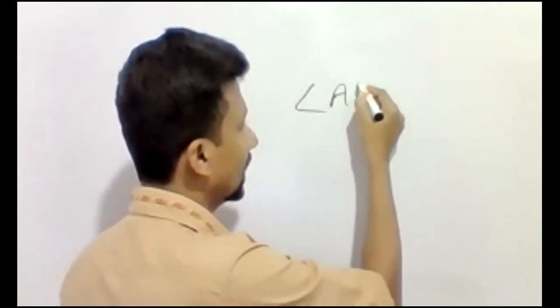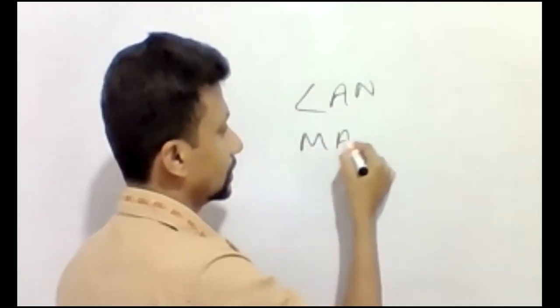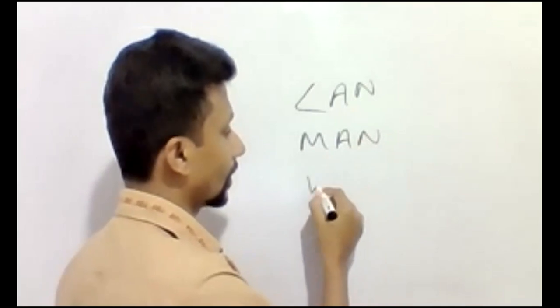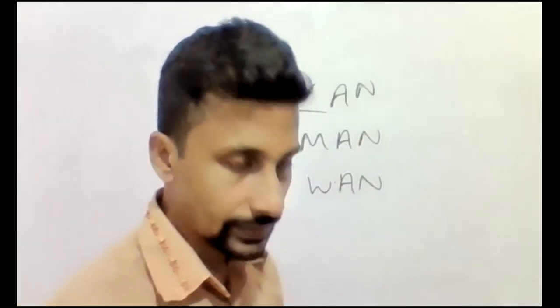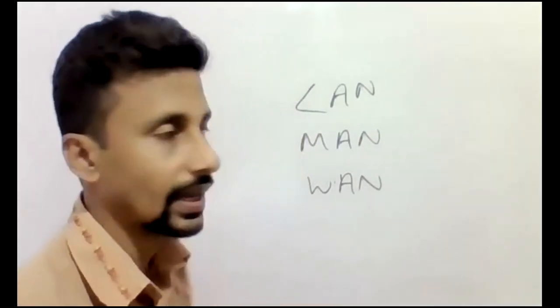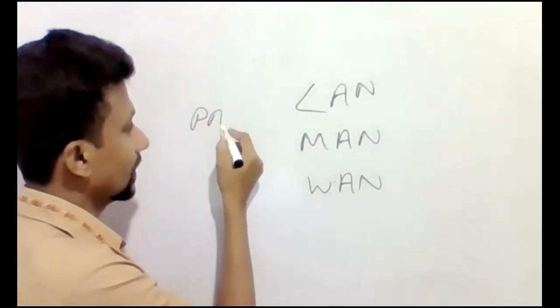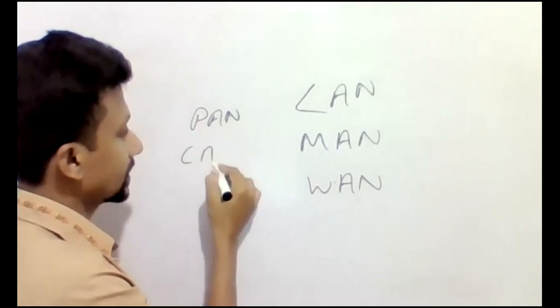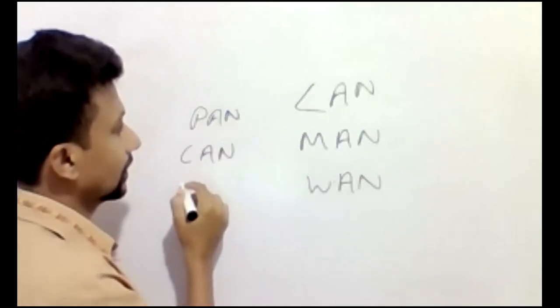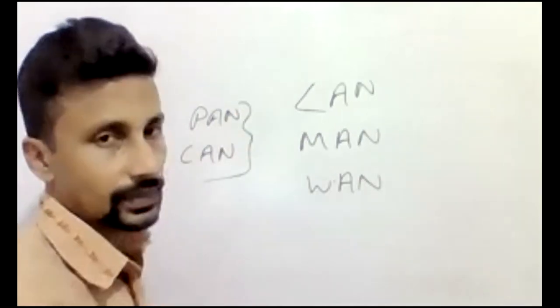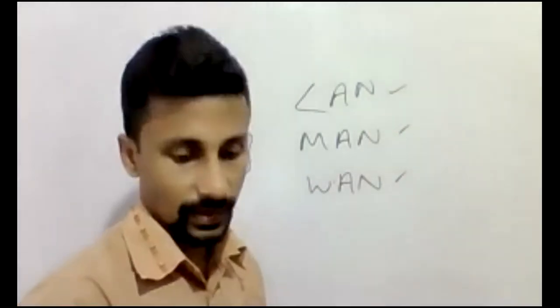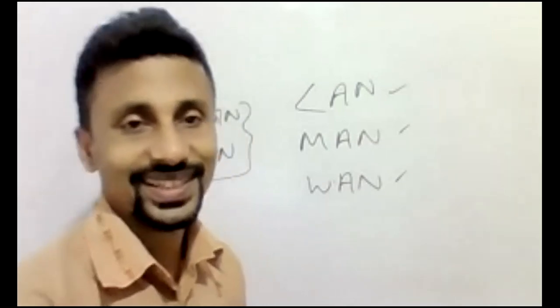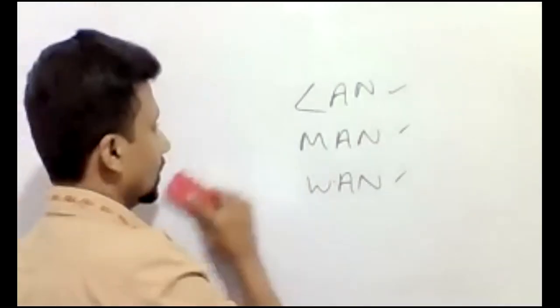One is local area network, another is metropolitan area network, another is wide area network. Other than that, you can have personal area networks and campus area networks. But in your syllabus you have LAN, MAN, and WAN. So I'm not going to talk about the other parts.